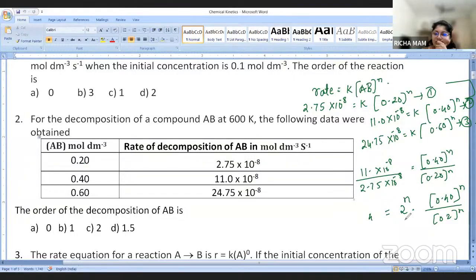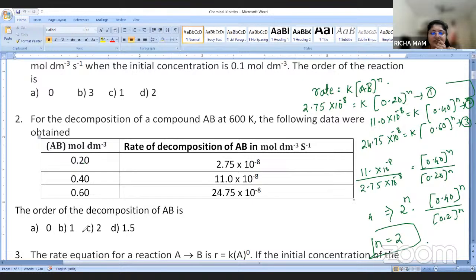So that is 2 raised to n, which equals 4. 2 raised to n is 4, so n is equal to 2.